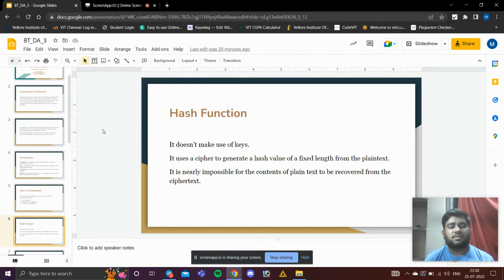It only uses a cipher to generate a hash value of fixed length from the plain text without using keys. It is nearly impossible for the contents of the plain text to be recovered from the hash. The main functionality of using a hash function is that this conversion is nearly impossible to reverse.